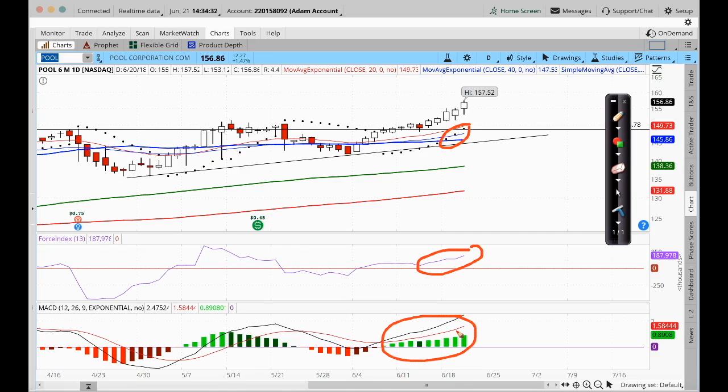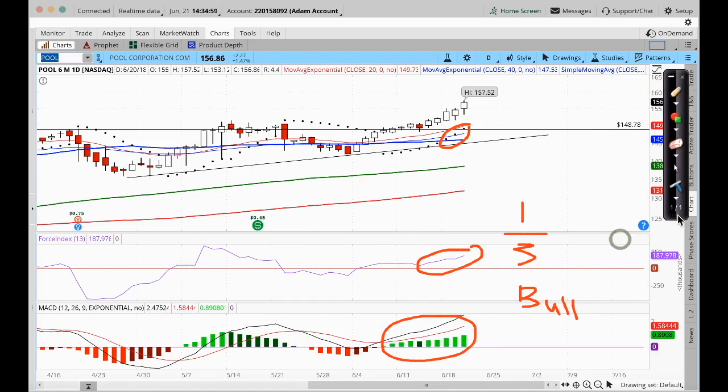The answer is no. You don't need all three of them to be bullish, because sometimes by the time all three of them are bullish, right, the price has already gone up too high and it's a bit late to get in sometimes. So out of these three indicators, we just want to see one out of three of them to be bullish before we buy on a breakout.